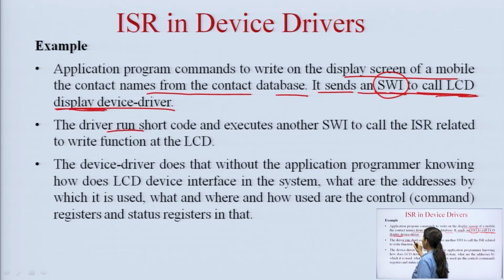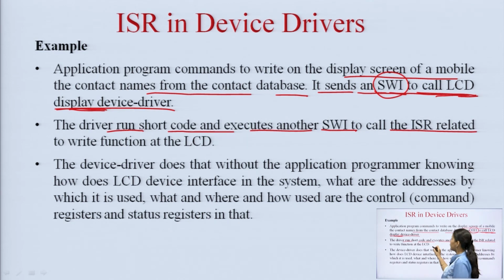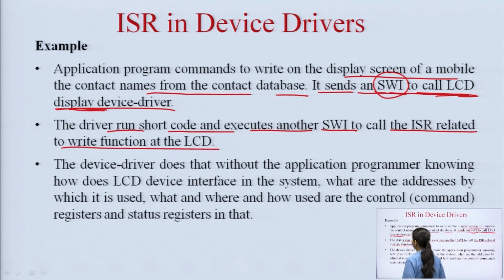The driver runs short code and executes another SWI to call the ISR related to the write function at the LCD. Now, we gave a call to the LCD display device driver, but the LCD display device driver gives a call to another program that is used to write the contact names on the display. So, that is another device driver program.